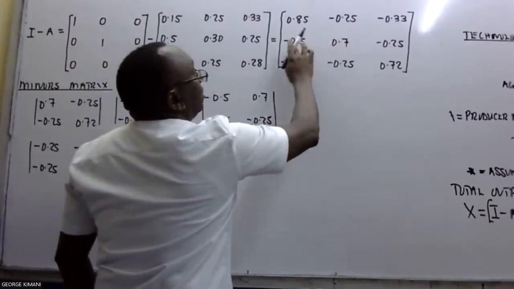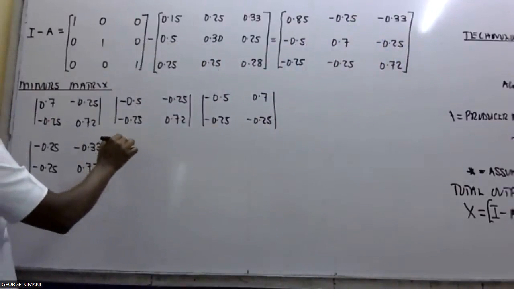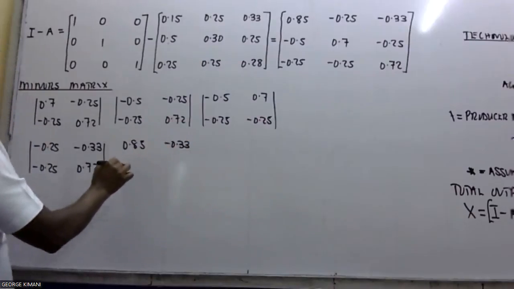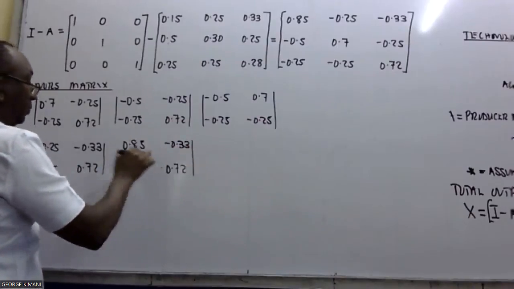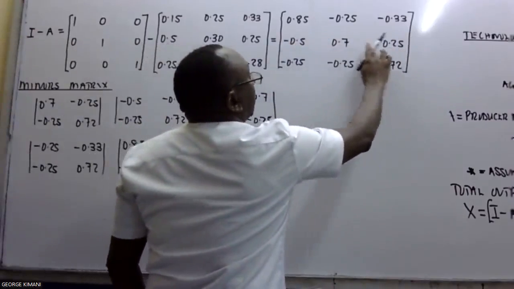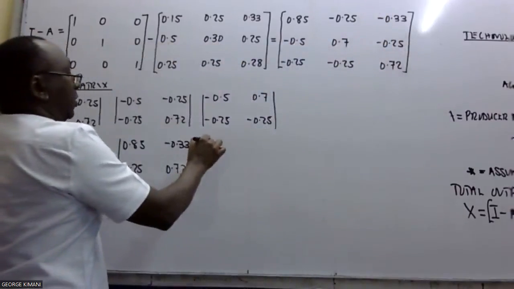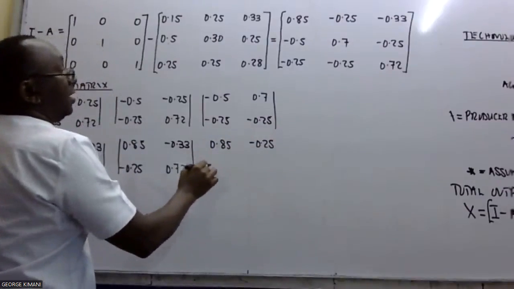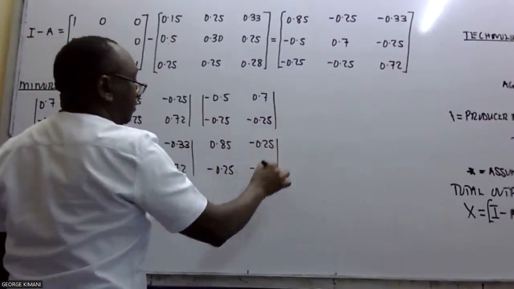When you get here, drop second row, second column. Unaachiwa 0.85, minus 0.33, minus 0.25, 0.72. You come to this one. Drop second row, third column. Unaachiwa 0.85, minus 0.25, minus 0.25 and minus 0.25.